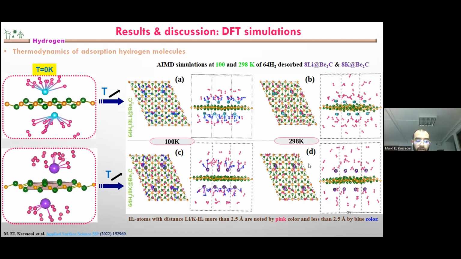All H2 molecules moved away from the metal atoms, and some of them were removed from the structure, within a small congregation along the Z direction. Thus, this result supported the desorption temperature estimation.